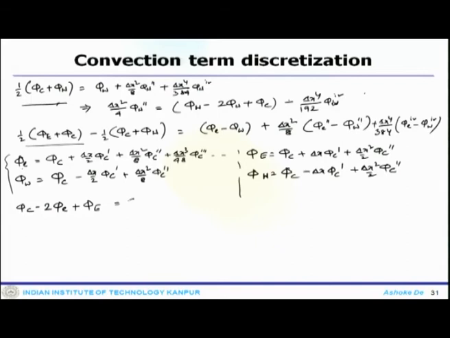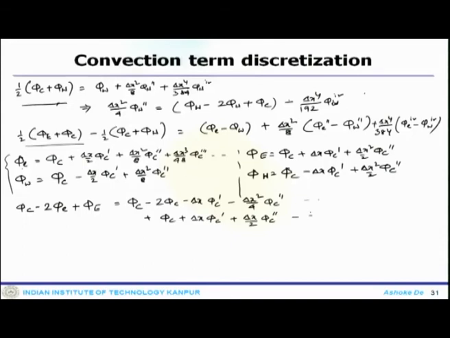then what do we get? Phi c minus 2 phi c minus delta x phi c prime minus delta x square by 4 phi c double prime and so on, plus phi c plus delta x phi c prime plus delta x square phi c double prime and so on.